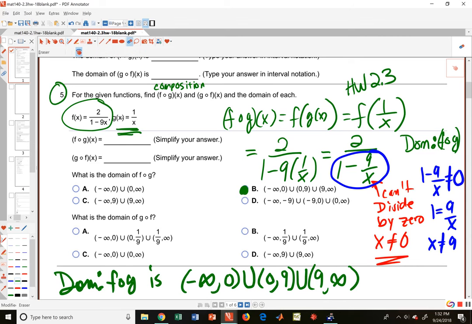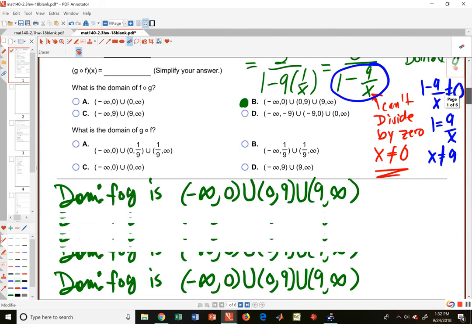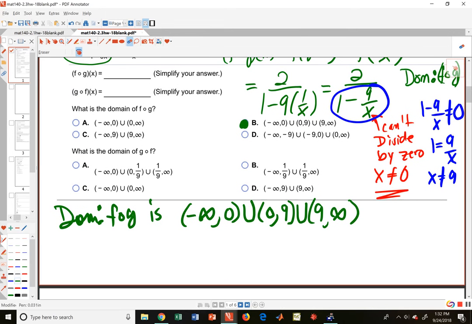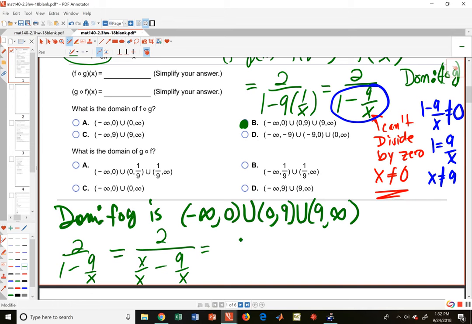All right, now there's a little algebra left to fill in our answer up here. What is F composed with G? We haven't simplified enough, so we want to do some simplification, but you want to do the domain before you do the simplification. So they want us to go a little farther here. We're going to get a common denominator in the denominator. That common denominator is x. So we multiply that 1 top and bottom by x. Now we have a common denominator, so we can put the x like that.